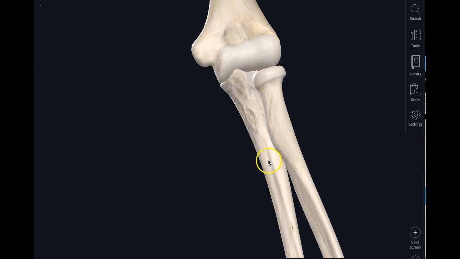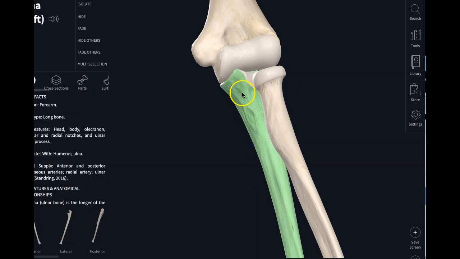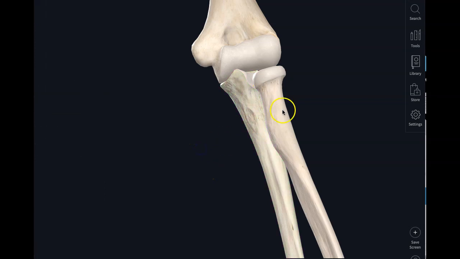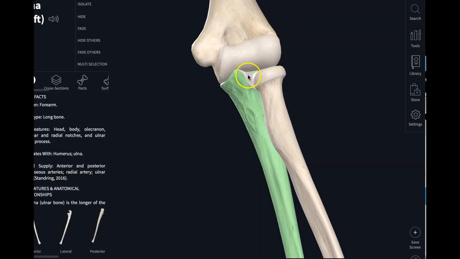So here I've put your medial bone, the ulna, next to its lateral bone, the radius. Here is the head of the radius, and it is articulating with the radial notch of the ulna right here.